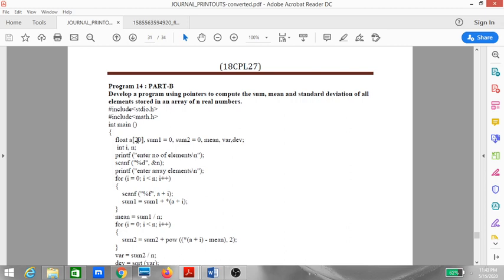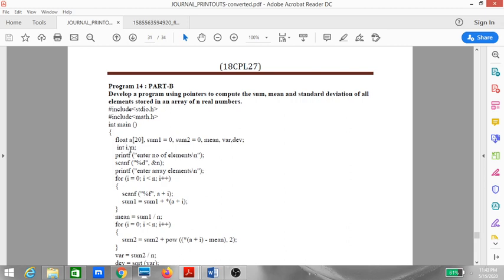Here a[20] is the one-dimensional array that I have created, and sum1 is required to store the total sum of all the values, and sum2 is an intermediate value that we require. We are storing mean, variance and deviation in these three variables that we have created here, and again i we require for the looping purpose.